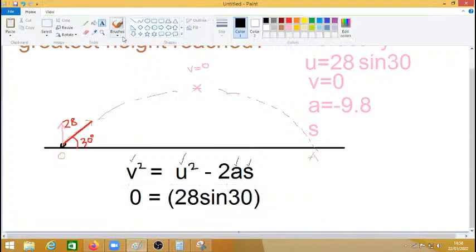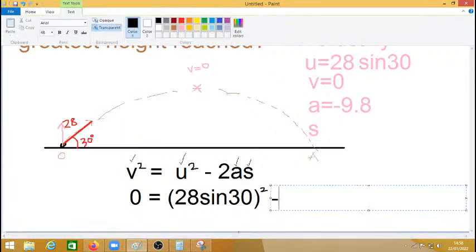That gets squared. And then I'm subtracting 2 times acceleration, which is minus 9.8, and the s is unknown. 2 minuses here, this one and this one. They can make a plus.